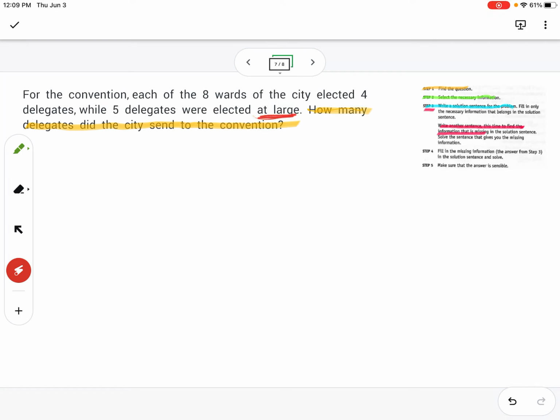At large means that these 5 delegates are not coming from the wards, they're coming from the city at large. So we've got 4 delegates coming from each of the 8 wards, and another 5 delegates elected to represent the whole city.